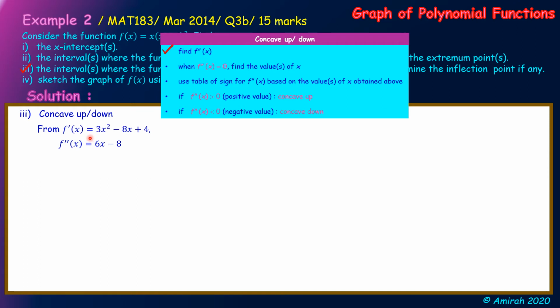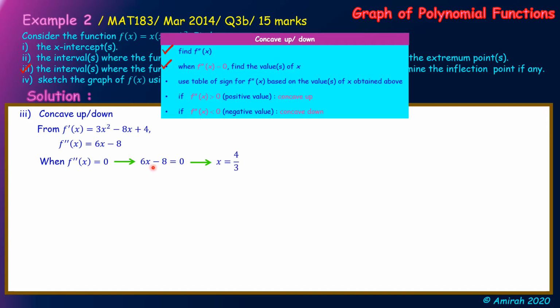When we differentiate f prime x equals 3x squared minus 8x plus 4, we get 6x minus 8. Then we equate f double prime x equals 0 and find the values of x. So when f double prime x equals 0, 6x minus 8 equals 0.